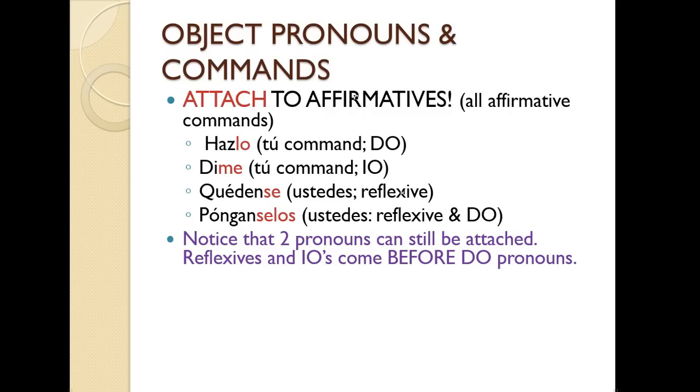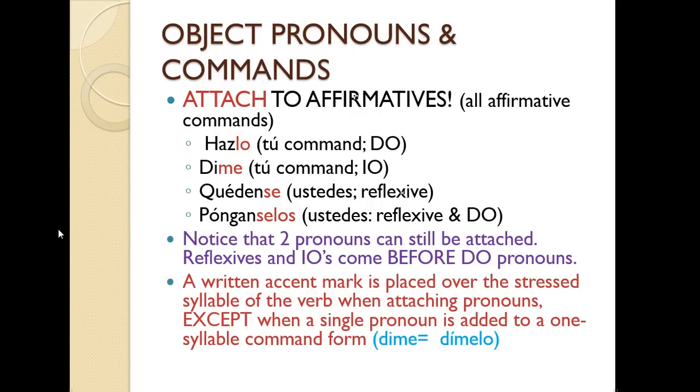And when you are attaching two pronouns, your reflexives or your indirect objects come before your direct objects. So that's in this example. Pónganse, the se is the reflexive pronoun, the put on yourself, and then the los is the direct object. Put them on yourself.